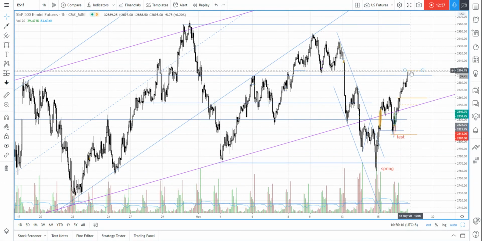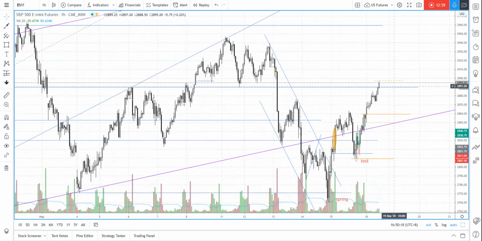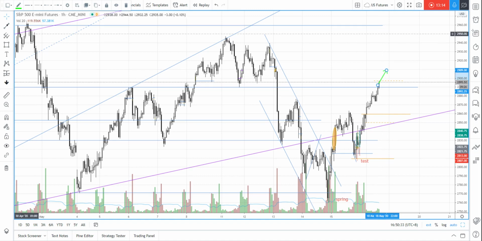So the potential setup, as I mentioned, is that I pay attention to the levels where we currently are, 2890 to 2910. These are the zones that I pay attention to. If it does something like this, tests and gets rejected, or even is rejected right at the moment from here, then it's probably worth considering a short entry.